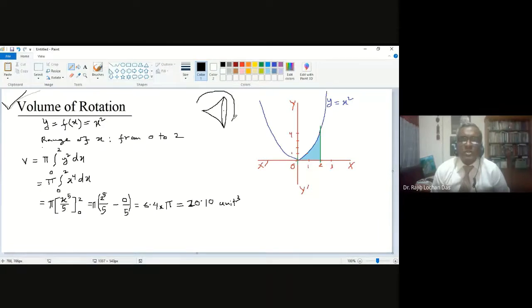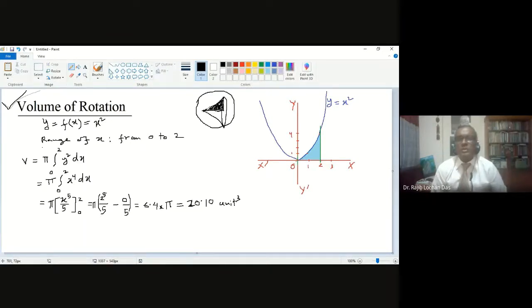The shape is coming from a rotation, and in that the x-axis is the center of the rotation, and you have a particular area which is being rotated, and after 360-degree rotation you are getting the 3D shape. So that is the understanding.